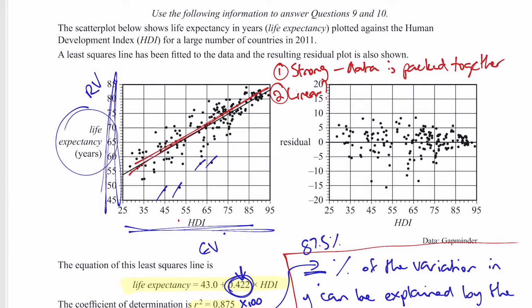And another way to know if something is linear is to look at our residual plot, which they've given us here. And as we can see, the data here is scattered randomly. And because it's scattered randomly, that means we have a linear relationship. So that's something really important to note. Linear relationship means that the residual plot shows data randomly scattered.